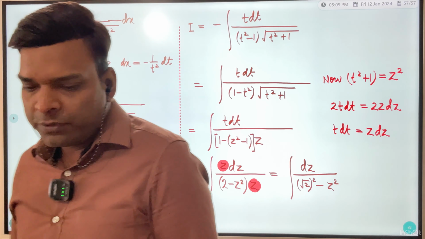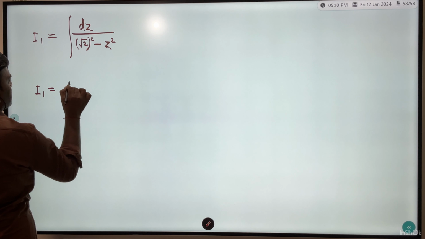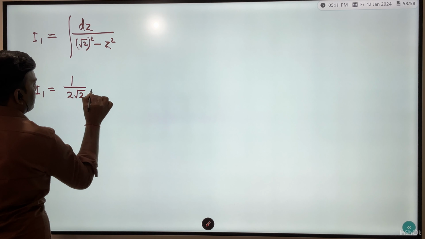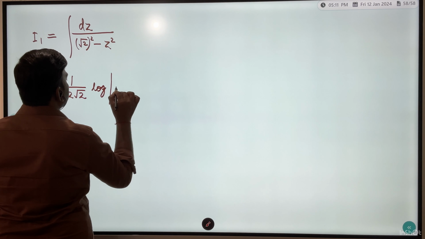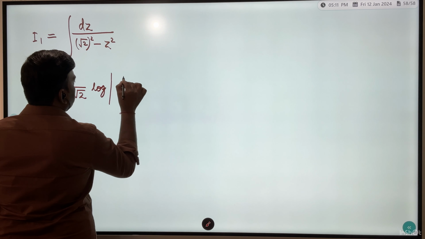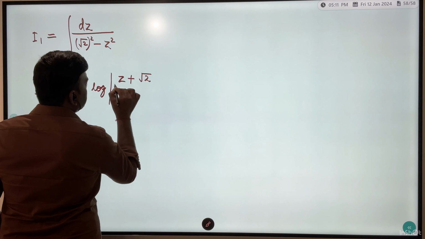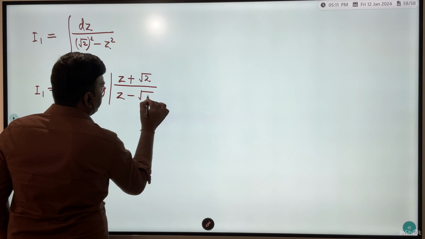So now we are going to write down the value of integral I1. Applying the standard formulae, we will get the value as 1 upon 2 root 2 log of mod z plus square root of 2 divided by z minus square root of 2.